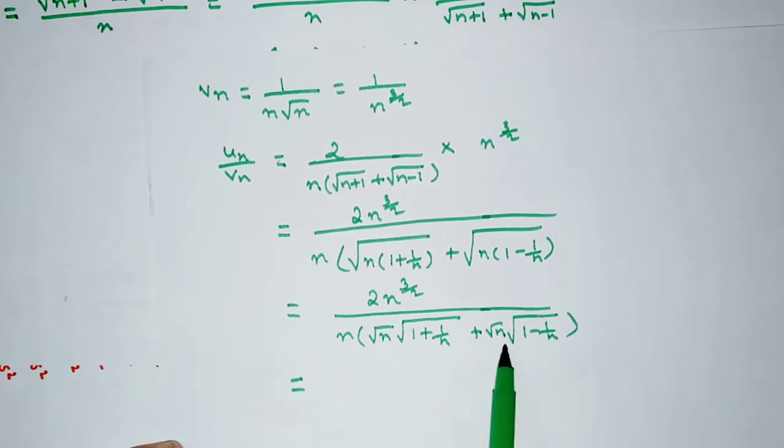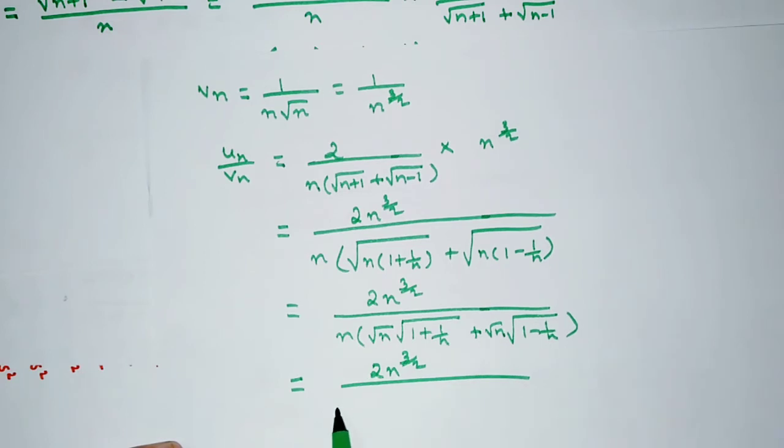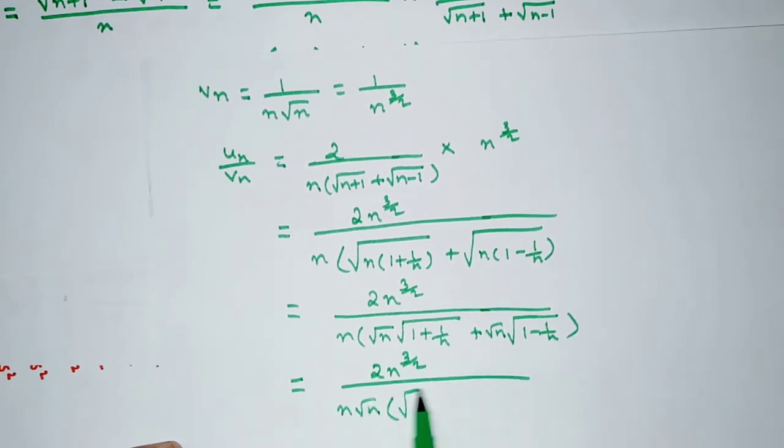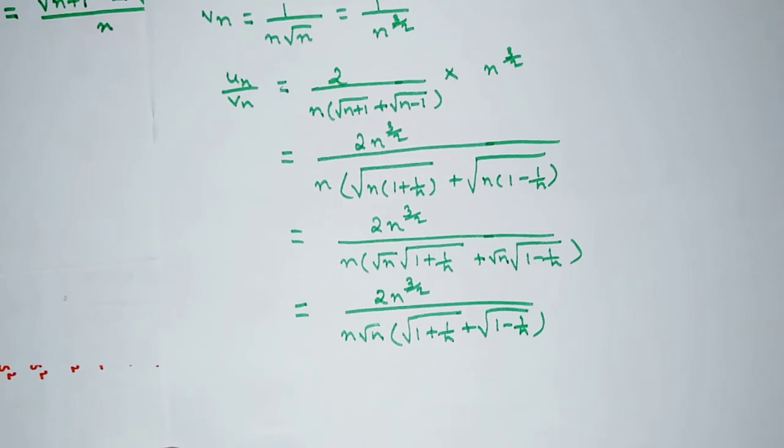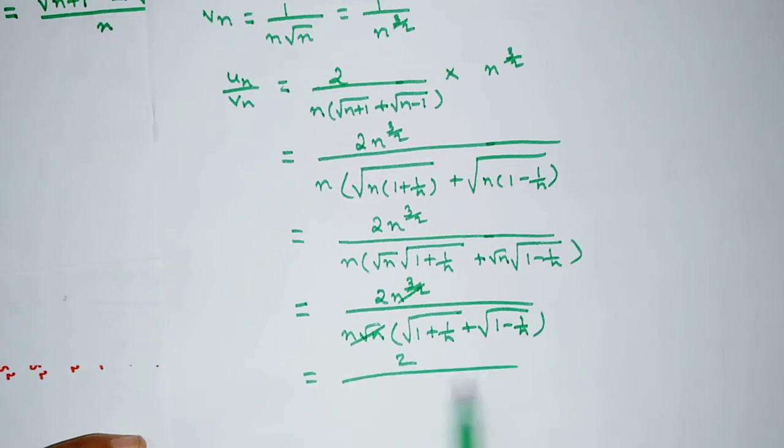So these two are taken common, and n with this one, minus 1 upon n. This is nothing but n to the power 3 by 2, so they get cancelled. We are left with 2 upon root over 1 plus 1 upon n plus root over 1 minus 1 upon n.